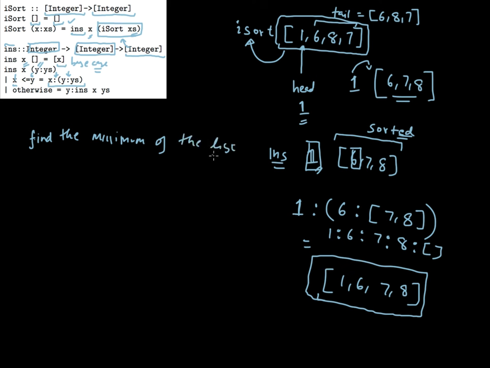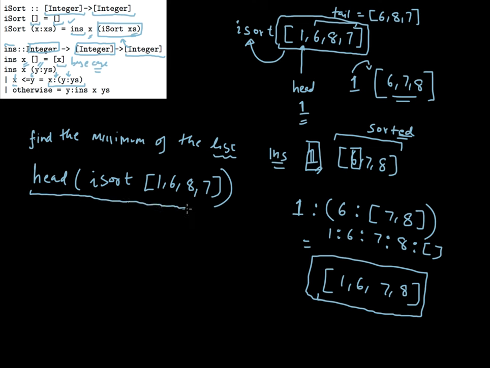To get the minimum of the list, I'm just going to take the head of iSort of 1, 6, 8, and 7. That's the expression that I'm going to look at in order to evaluate the minimum of a list of some numbers.